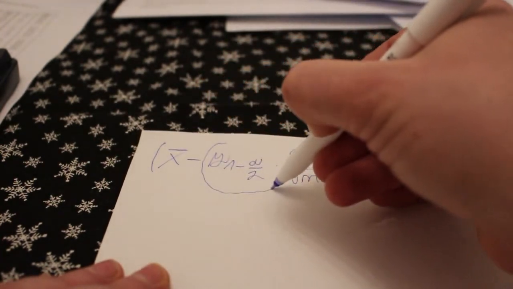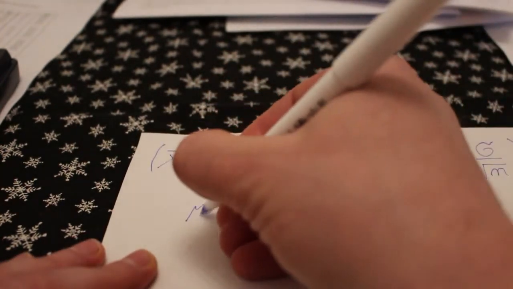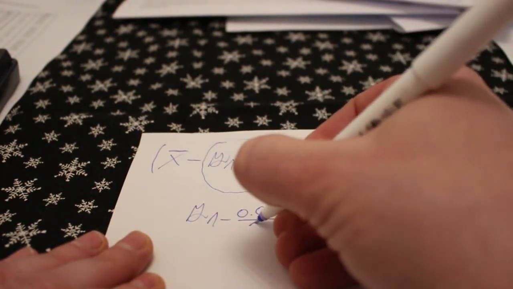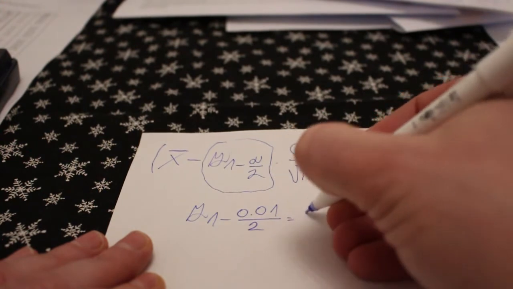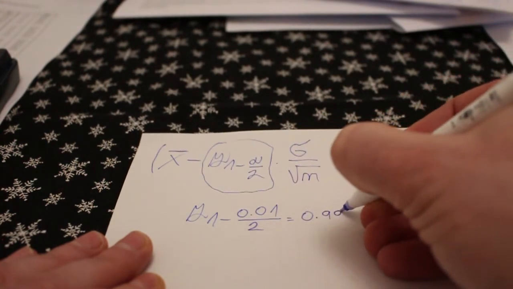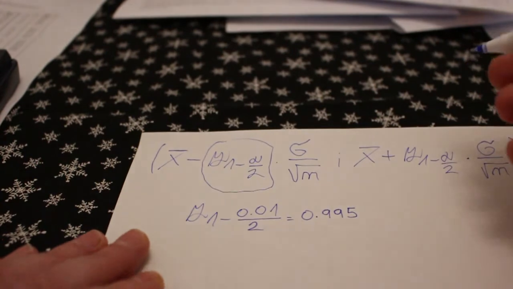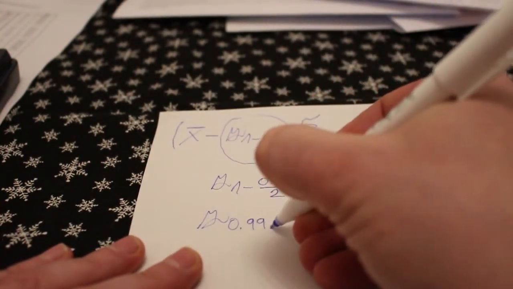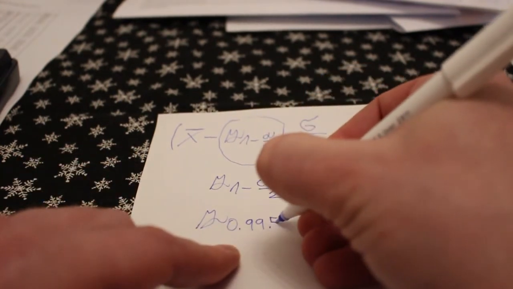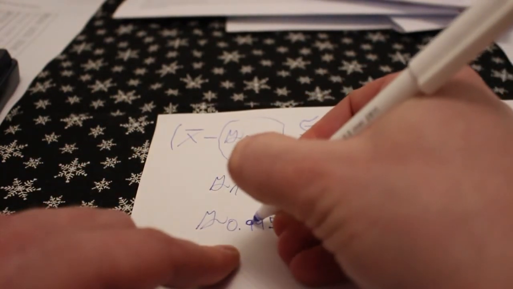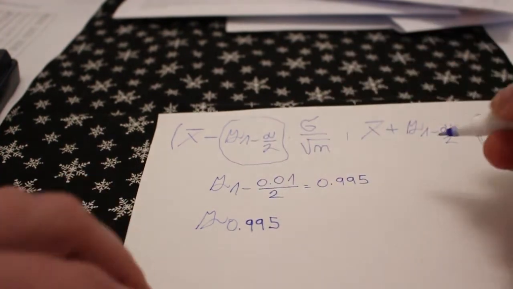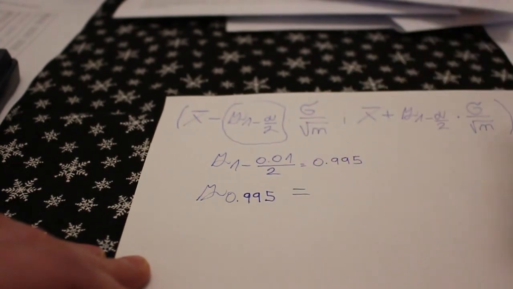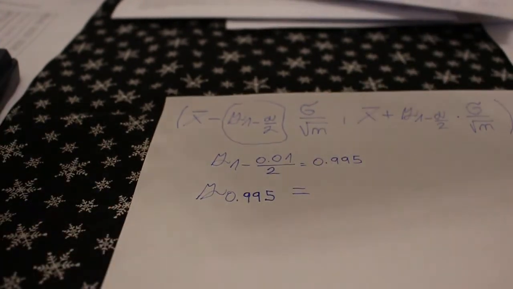Where is the difference here in this calculation? In the case of this quantile, z 1 minus 0.01 divided by 2, result is 0.995, yes. So we must find the 99.5% quantile of the standard normal distribution, from the tables.